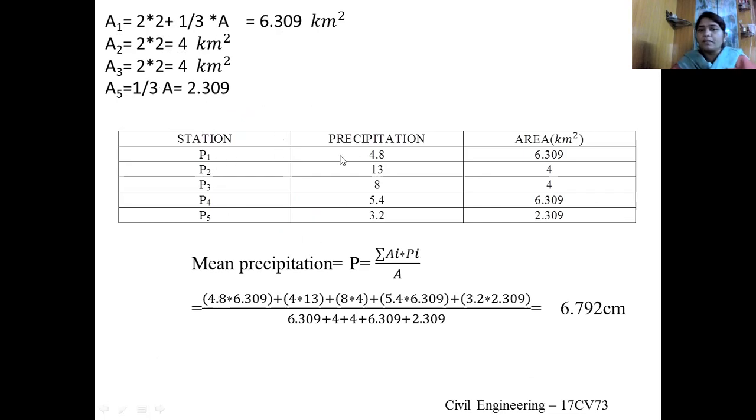Now P1, P2, P3 precipitations are given, and we have found out the areas. A1 is 6.309, A4 is the same 6.309, A2 and A3 are 4 and 4, and A5 is 2.309.